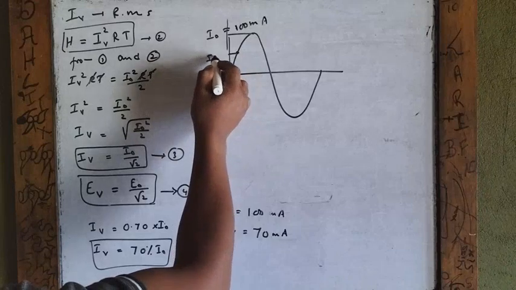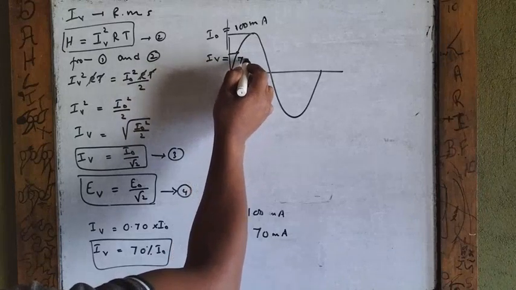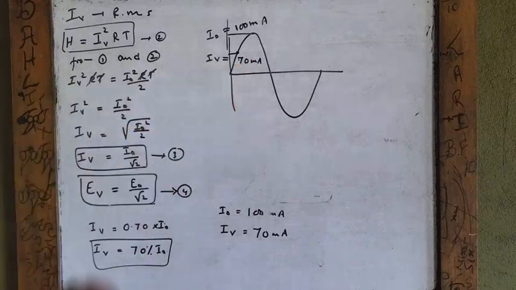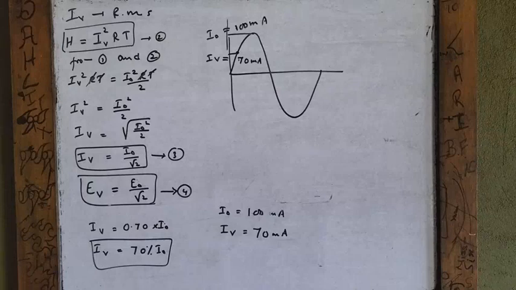So this is I_v and this is equal to 70 milliampere. Okay, so it is this 70 milliampere which actually produces the same amount of heat as produced by the DC current when it flows for the same time in the resistance.